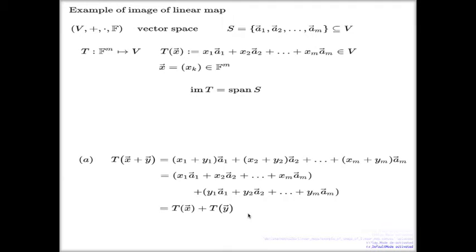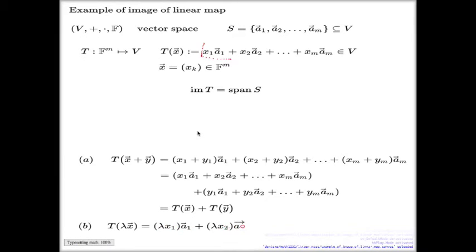There is also requirement B for the scaling. Here it is. I apply my T to a scaled vector, lambda x. X is an n-tuple with components x1, x2, xn. So if I use this formula, that's what it will be.